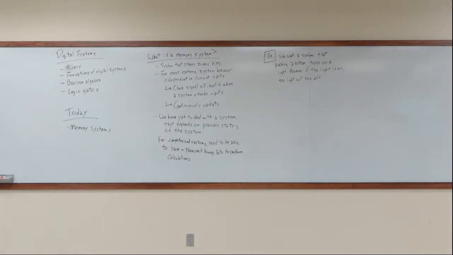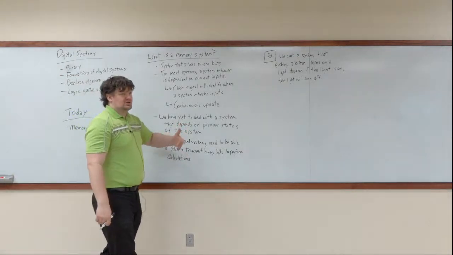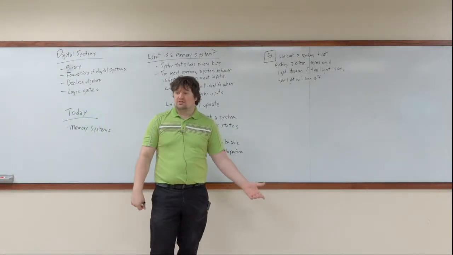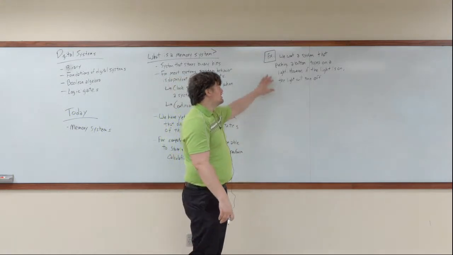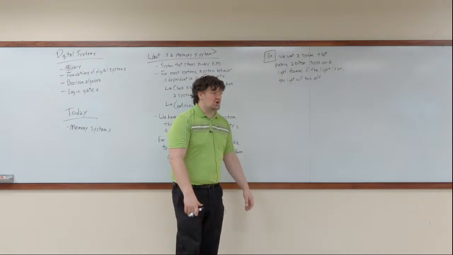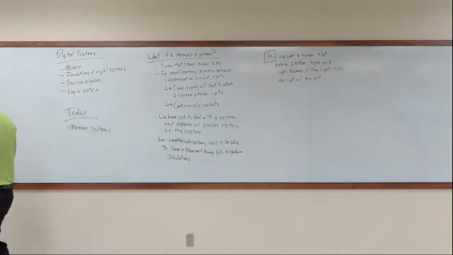If I push a button, the light turns on if the light was not currently on. And if the light is on, pushing the button causes it to turn off. That is a memory system, because it requires a memory of whether or not the light was on previous to the button press, or while the button is being pressed.